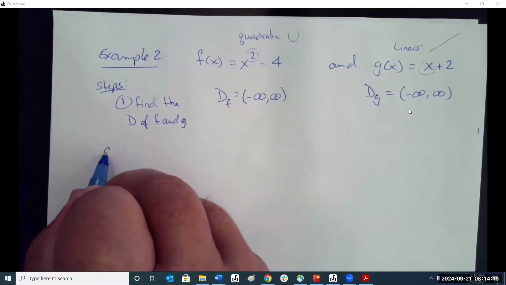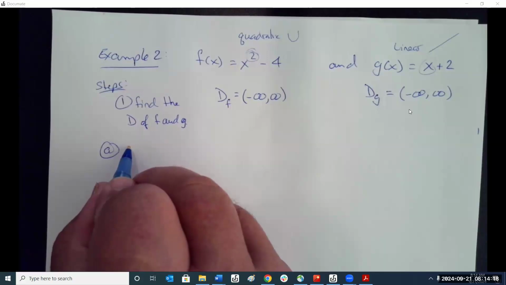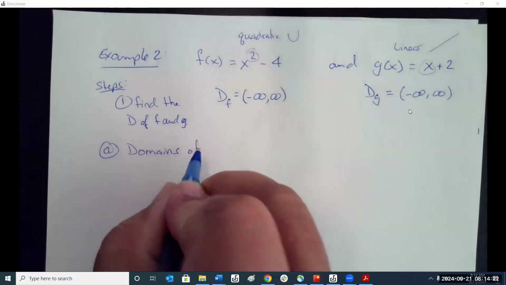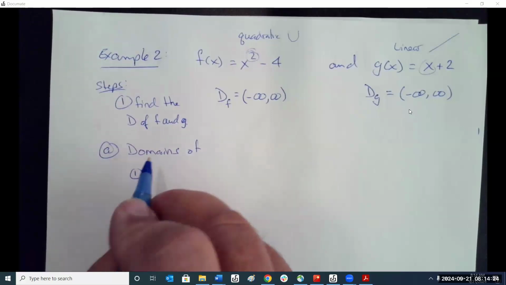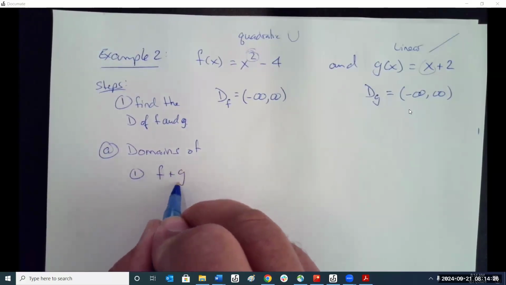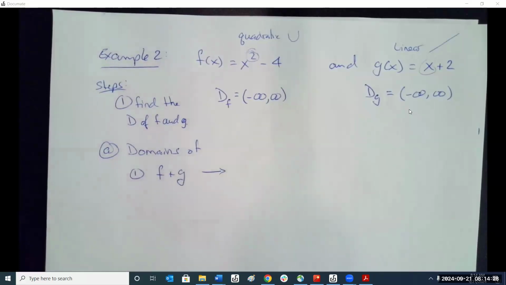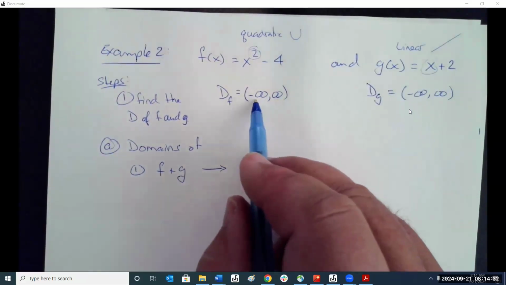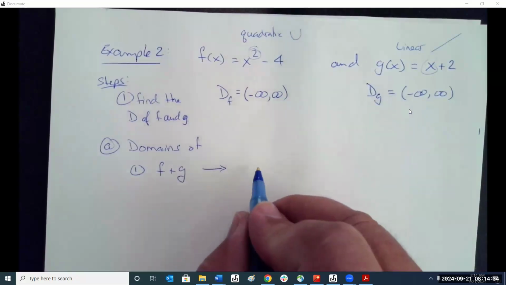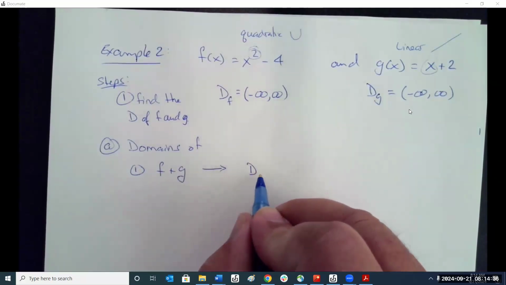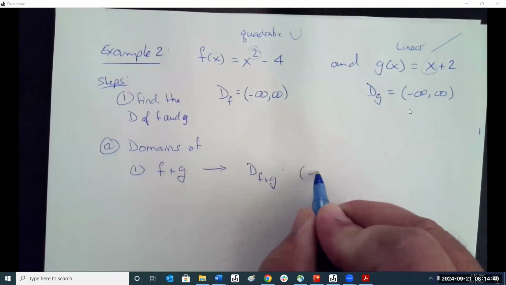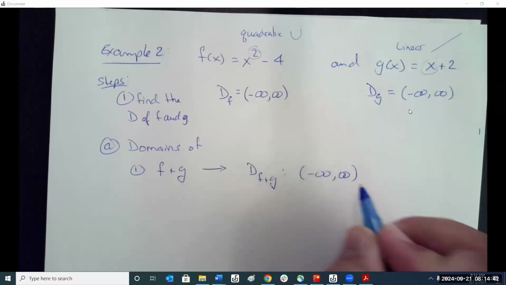All right, so let's look at A. A is asking domains of these. 1, f plus g. Remember, it's where they overlap. This goes to all real numbers. So the domain of f plus g is from negative infinity to positive infinity.